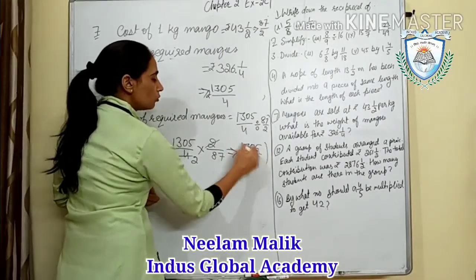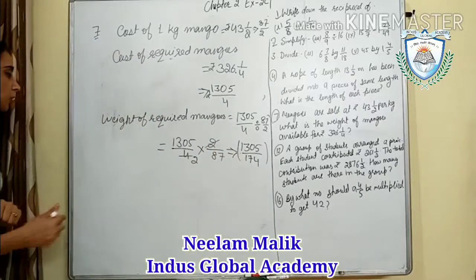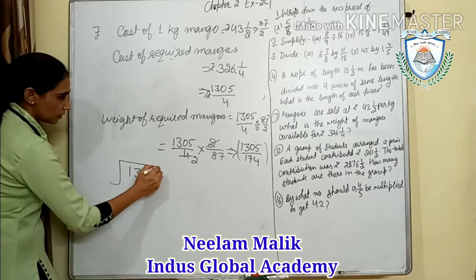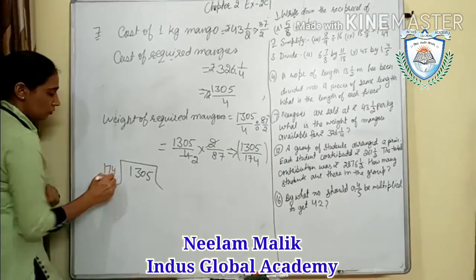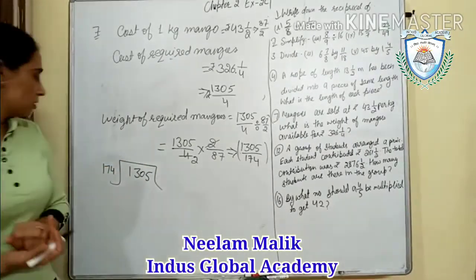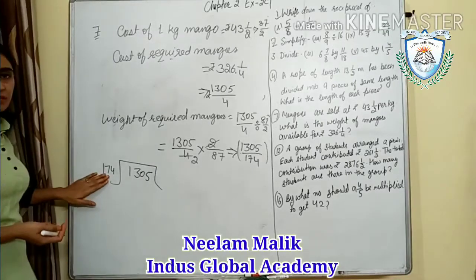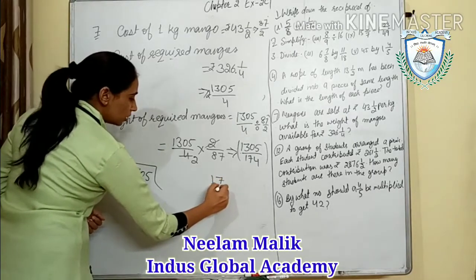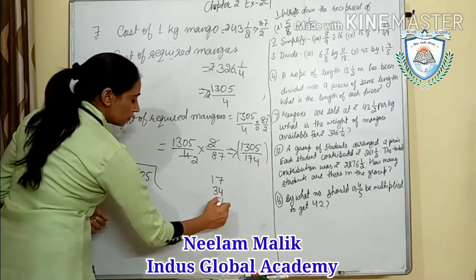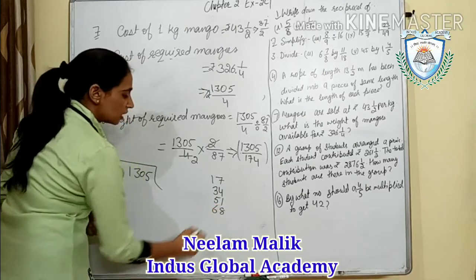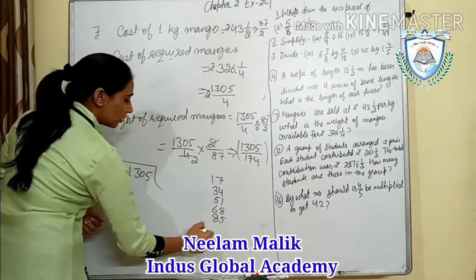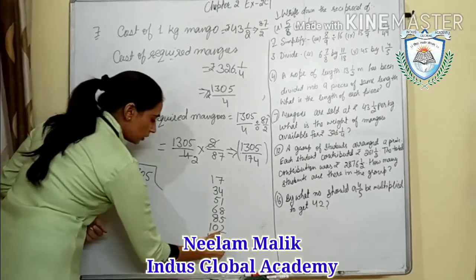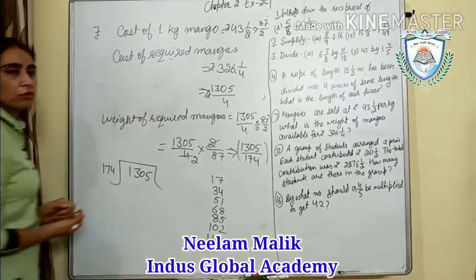So this is in kilograms. We have to divide this. So here you will show your division, 174. Okay, first read the table of 17. 17 ones are 17, twos are 34, 3s are 51, 4s are 68, 5s are 85, 6s 102, 7s 119, and after that 126.